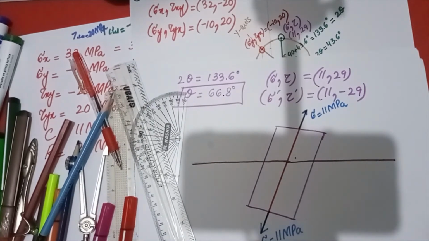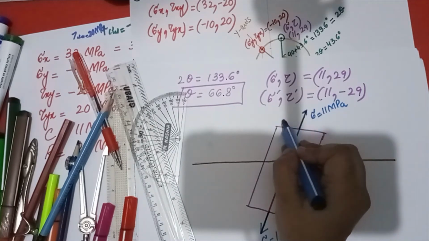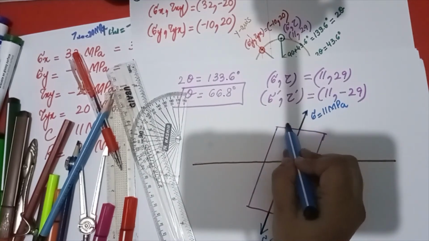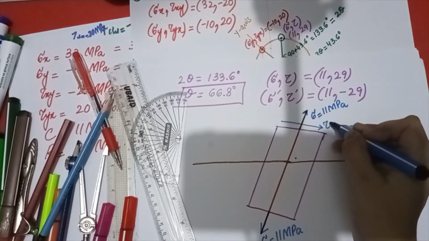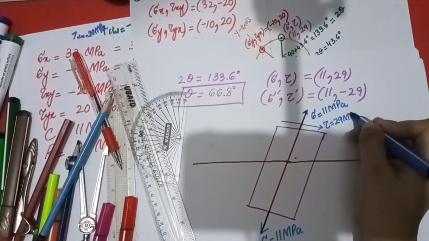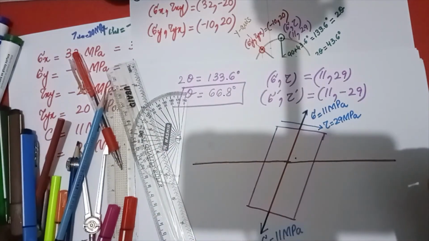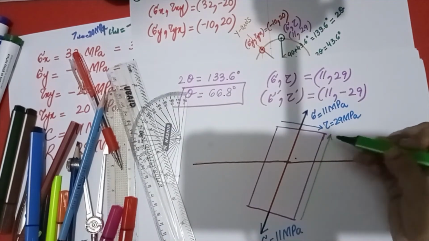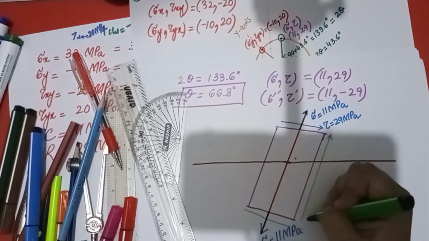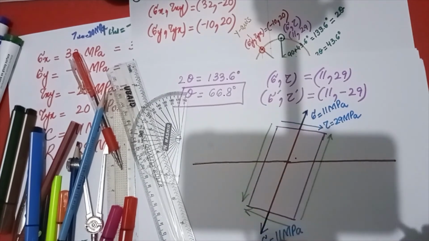Now tau should be downward, because it is positive. So tau is equal to 29 MPa. Let me take another pointer. If there is head, this is head; if there is tail, this is tail. So this is tail to tail.